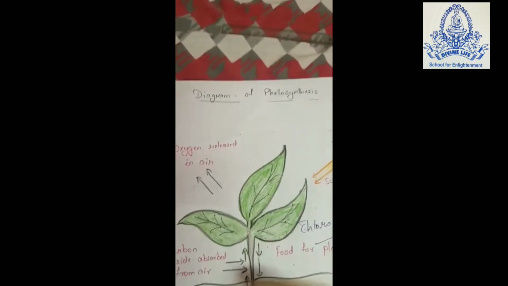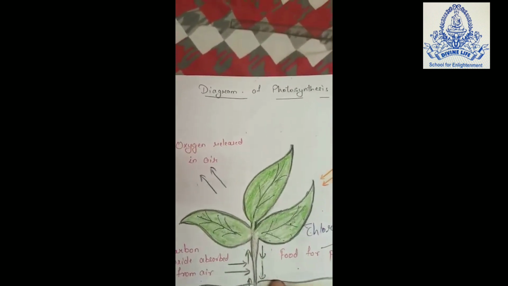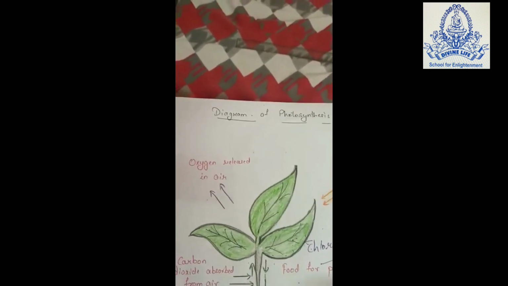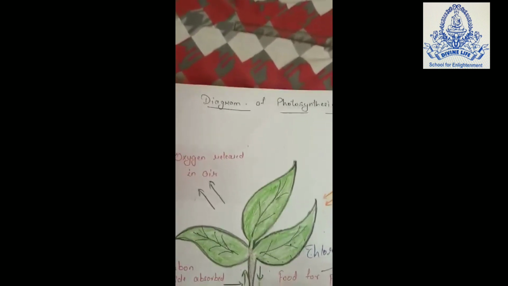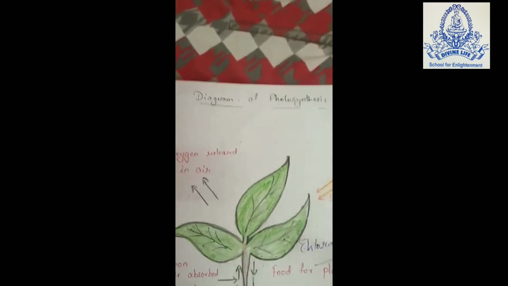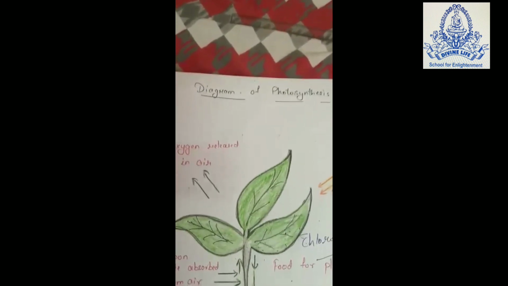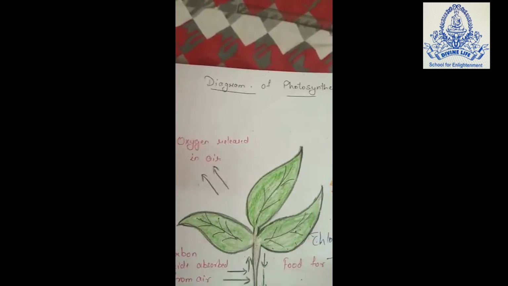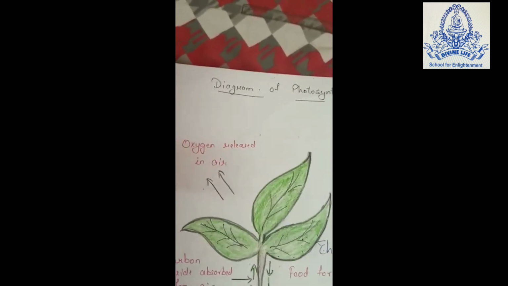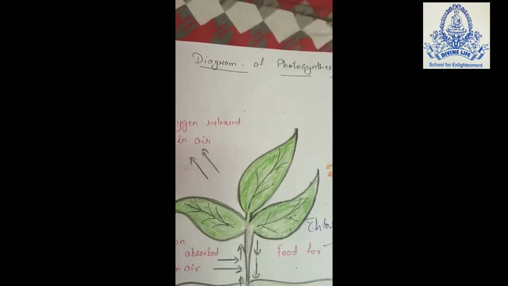The plants can use this food later on. The food is prepared by them in the form of sugar, and this excess sugar is used up by the plants later on in the form of stem, and in the form of fruits that are eaten by animals and human beings.